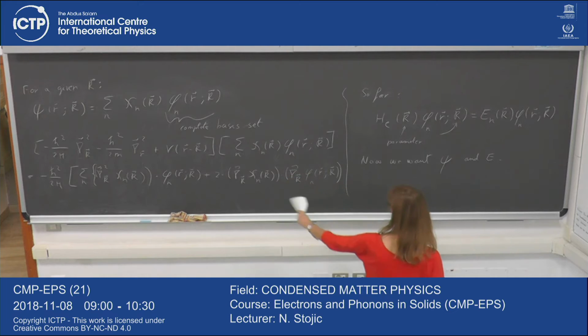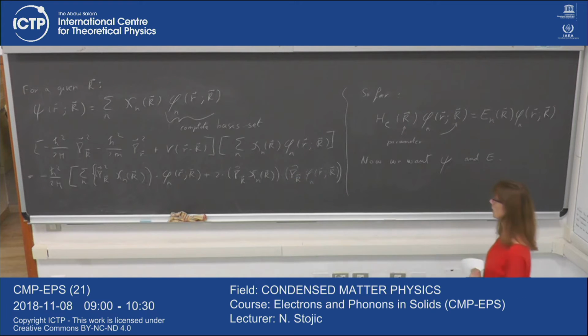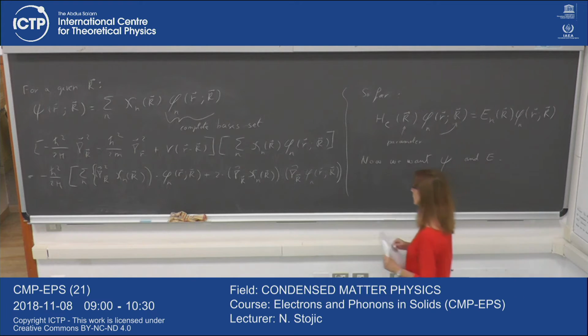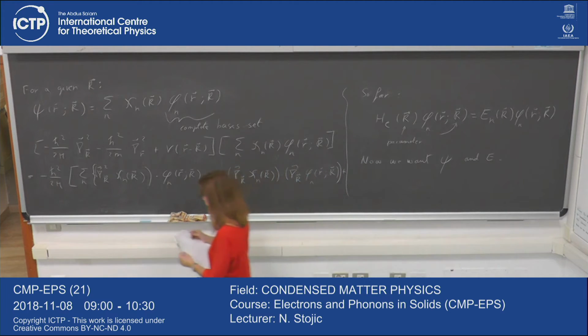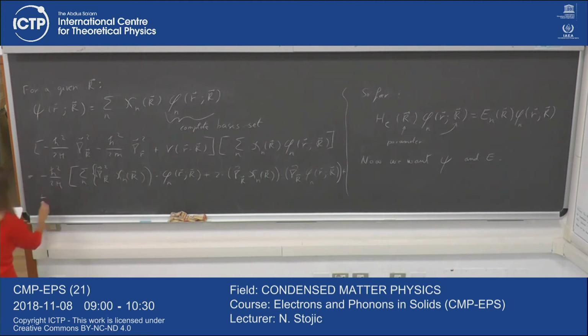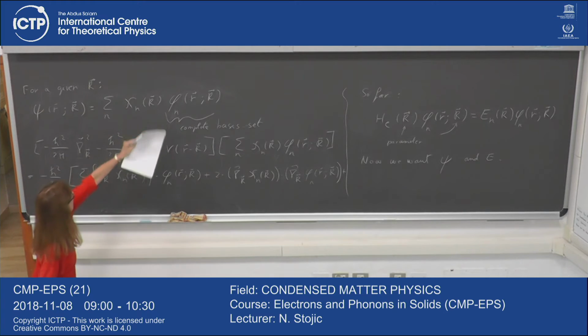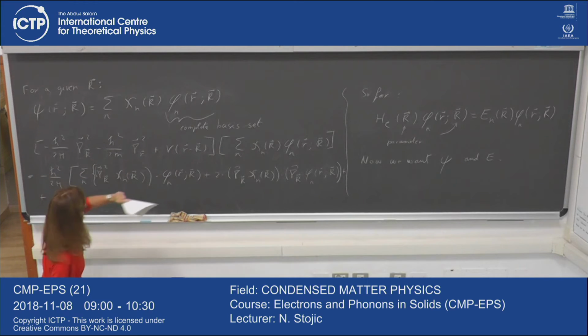So 2 times derivative of Xi times derivative of Psi, plus the second derivative on the second wave function here.